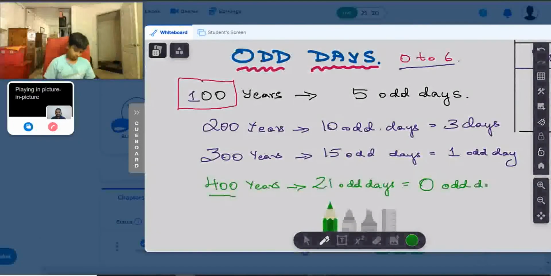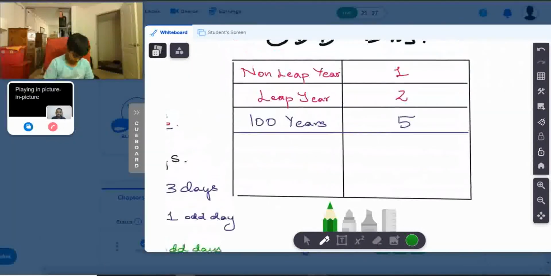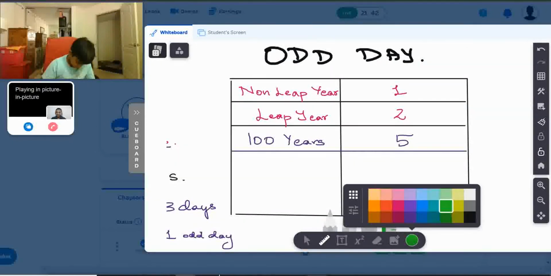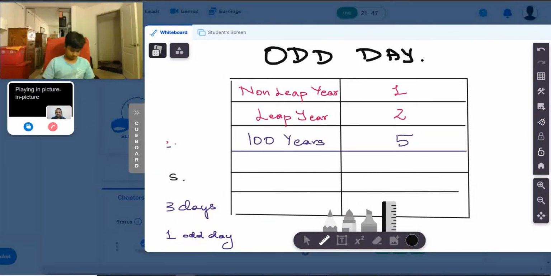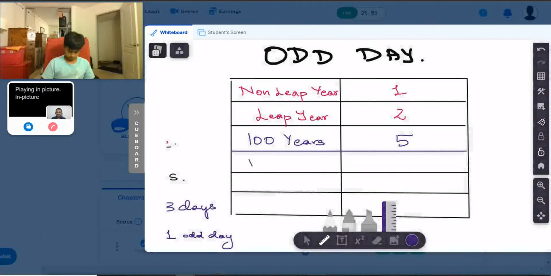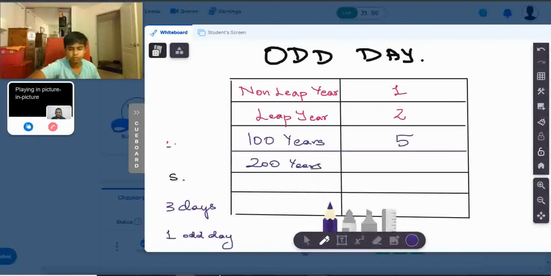Okay. So if you want, you can take a snapshot of it. Anyway, I'm going to write it again in a tabular column, because that is more important. Let me draw the line. So you have 100, 200, 300, and 400 years.